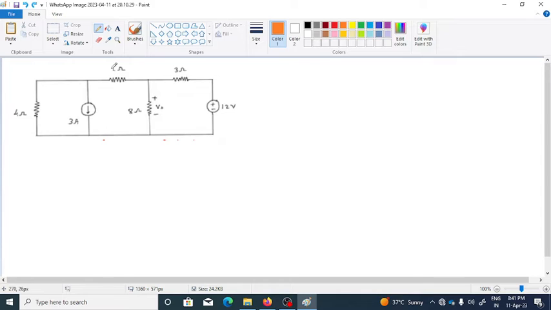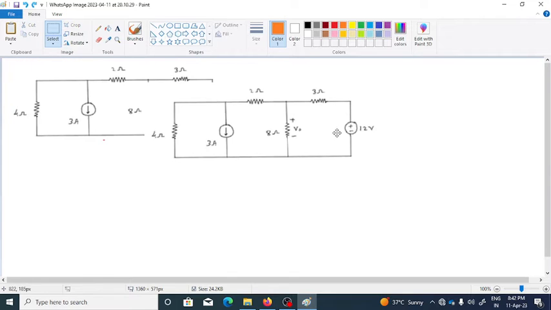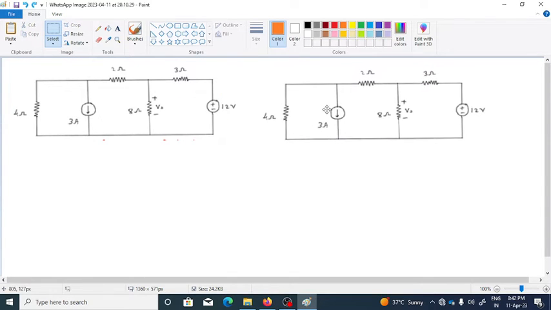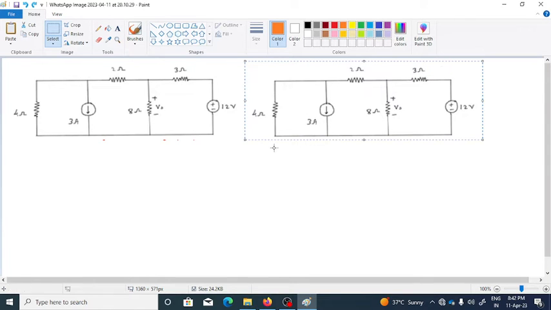And for that, let me take this circuit on the other side so that I can use the same circuit for further proceeding. Just give me 1 second. So here is copy, then paste. So yes, now the same circuit is available here.